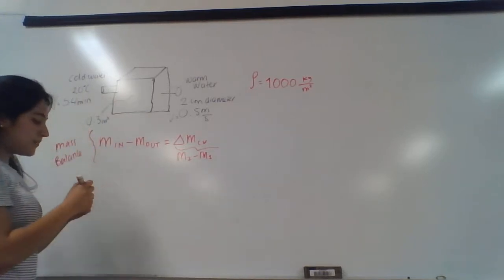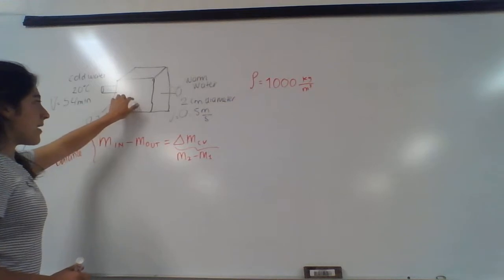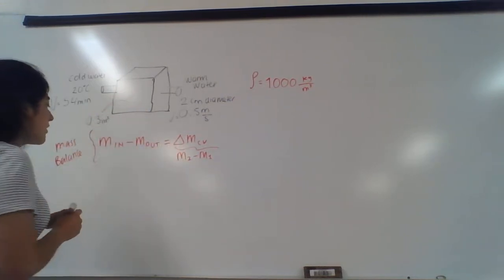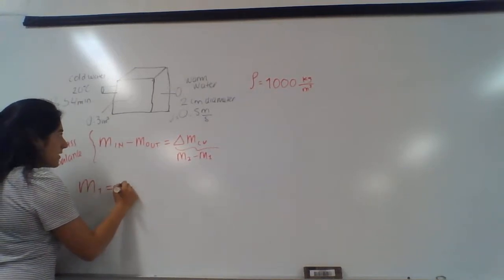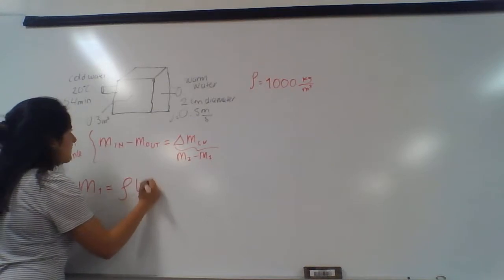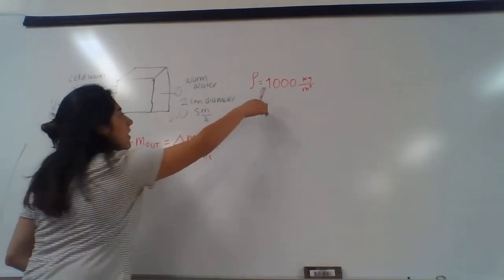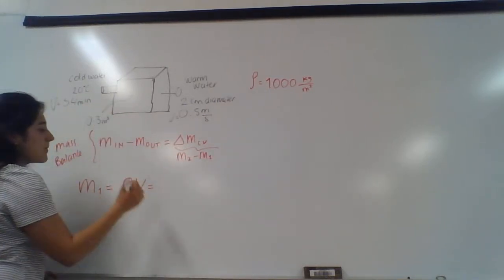So we can calculate M1, which is the mass initially in the tank. M1 will equal the density times the volume. So we have these two data. The density is 1,000 and the volume 1 is 0.3 cubic meters.